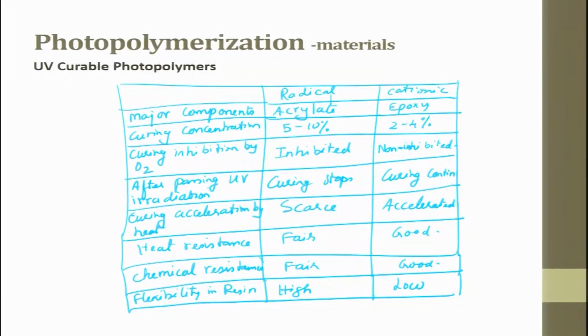So, this table clearly states the response of different points in terms of radical and cationic. You can choose which you want for your stereolithography process.